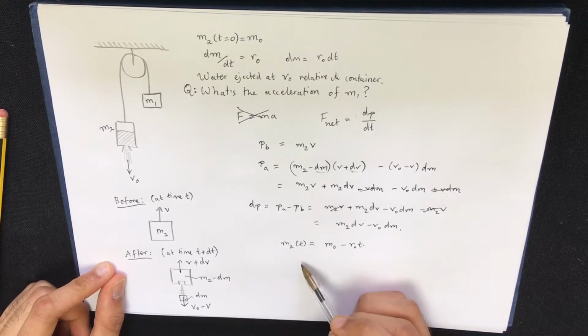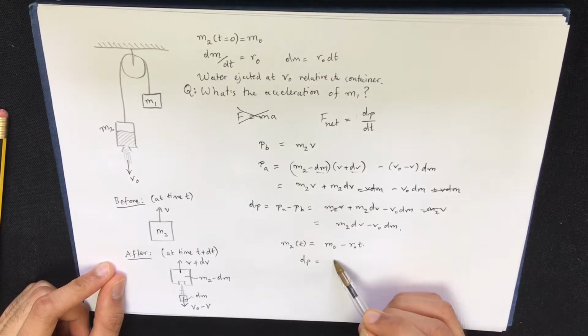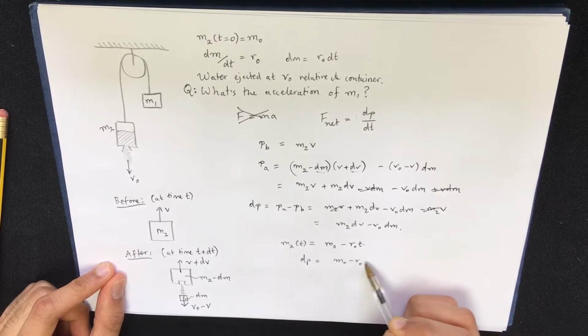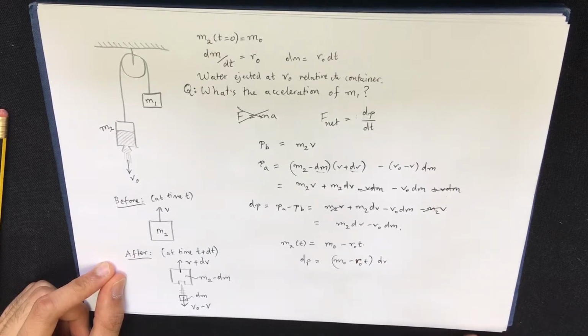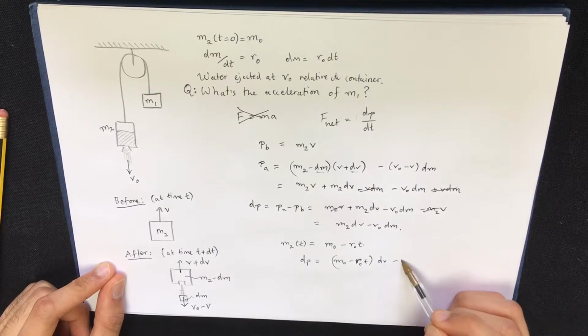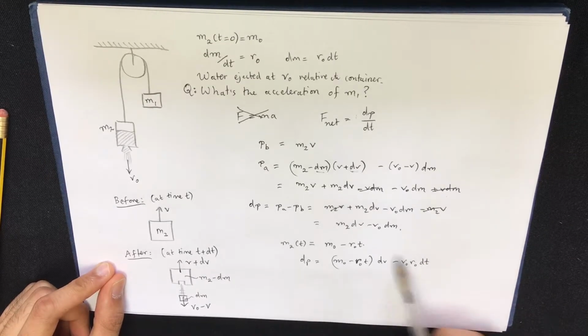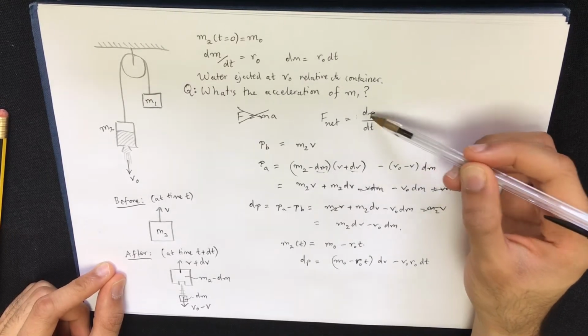So let's write that. The expression we have for dp now is basically going to be equal to, we plug this into m2 over here, so it's going to become (m0 minus r0 t) times dv, minus v0 r0 dt. So this is basically what we have for the change in momentum now. So if we want to get the net force, we've got to divide the whole thing by dt.